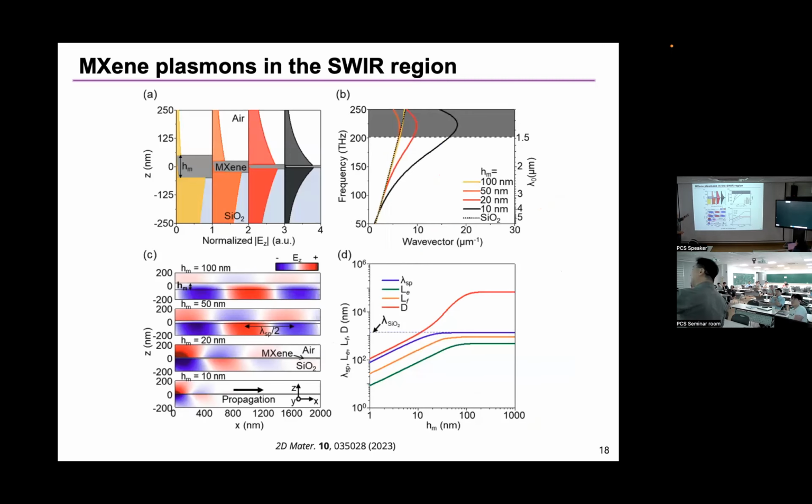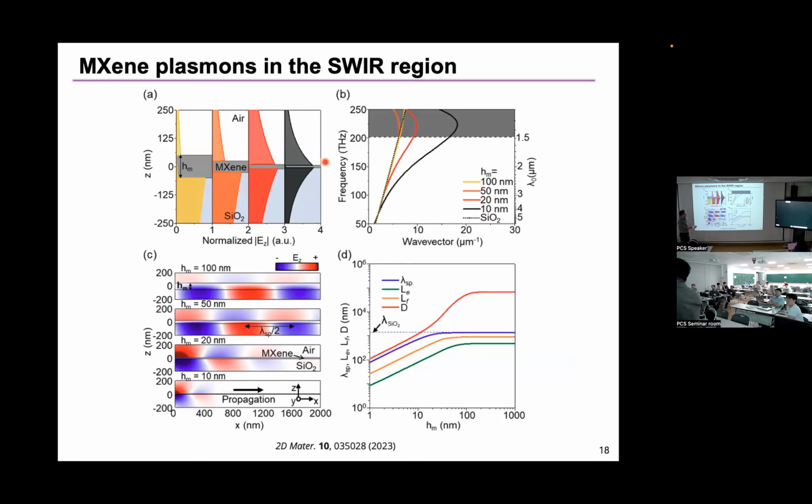However, if we use a very thin MXene structure, for example if you reduce the MXene thickness to less than 10 nanometers, we can get large confinement of surface plasmons in this structure. 2D materials always have the good property of surface plasmon confinement due to the opposite charges generated between these two surfaces.